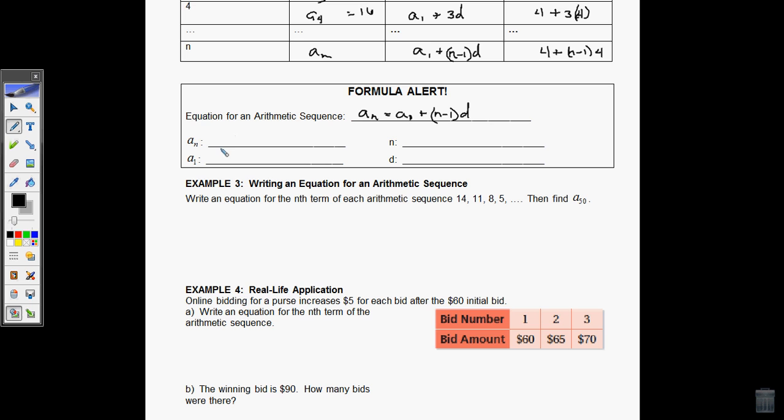It's some distant term that you are looking for. The a sub 1 is your first term. The n is going to be the position. And d is the common difference.